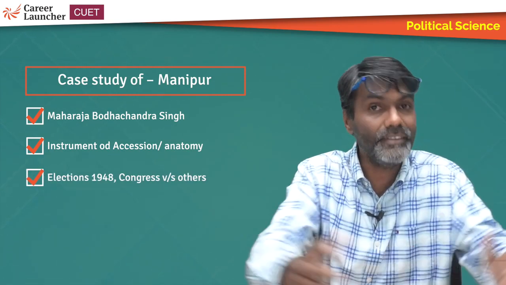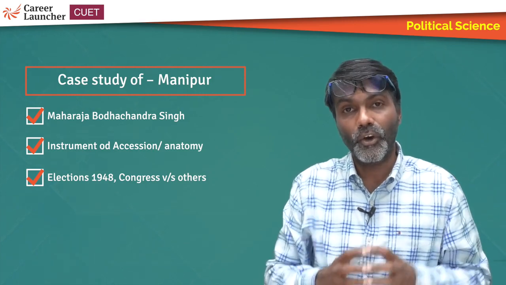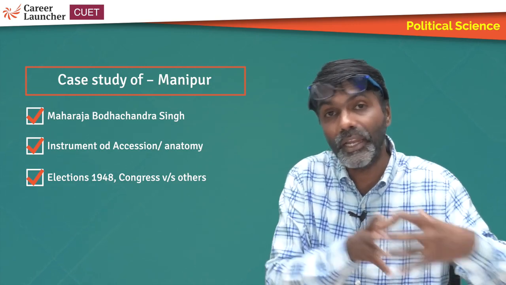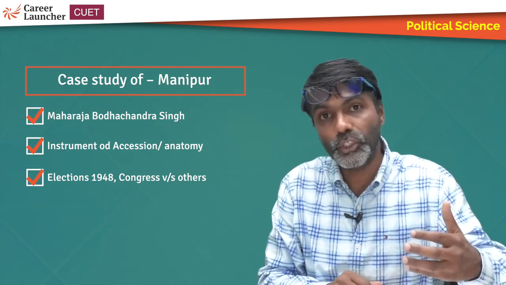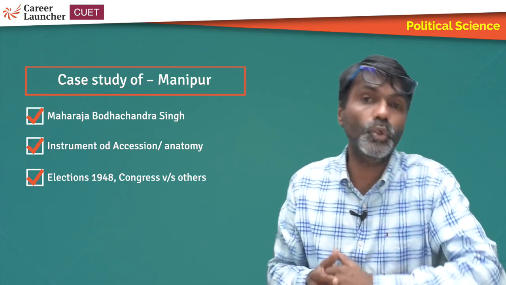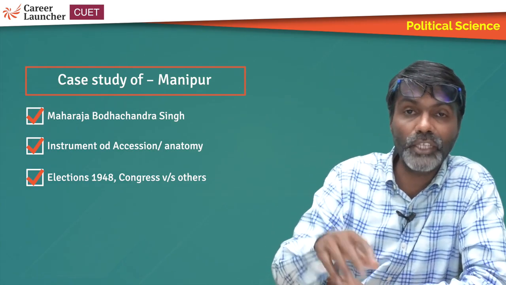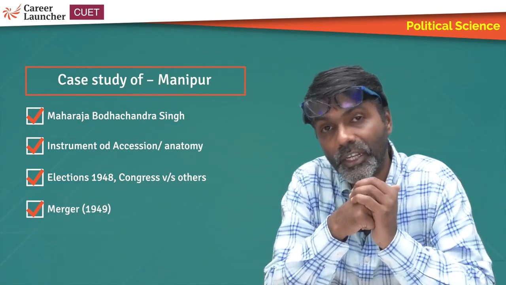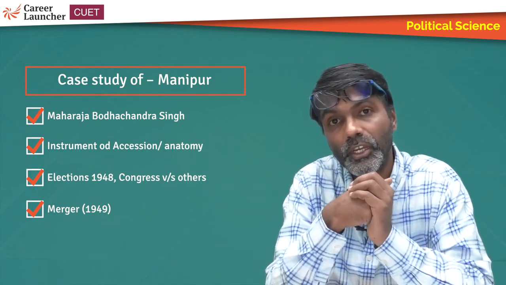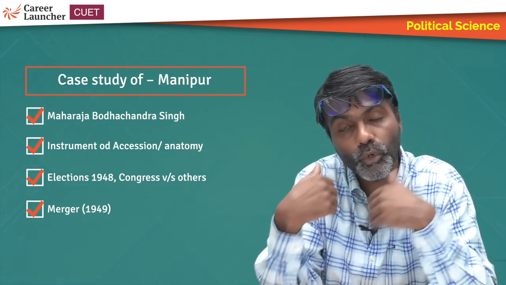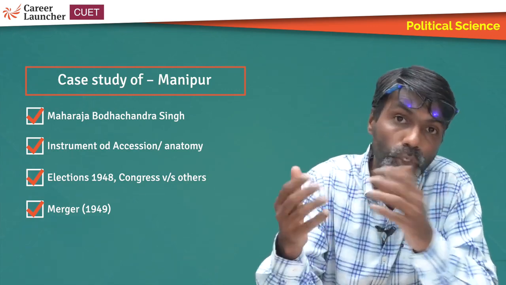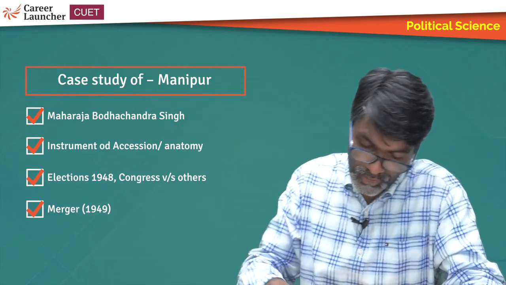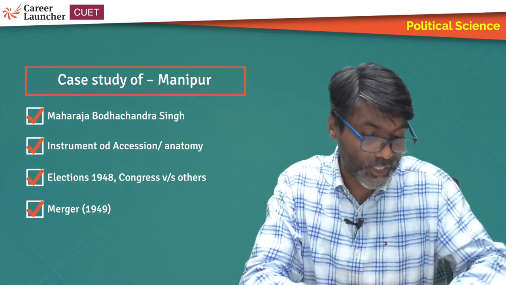Then in the Legislative Assembly, all the Congress members, MLAs as we call them, raised the issue that Manipur should be integrated into the Indian Union, whereas the MLAs from other parties opposed it. But soon the matter got settled because people rose in large numbers in support of integration into the Indian Union. That resulted in Manipur becoming part of India in September 1949.